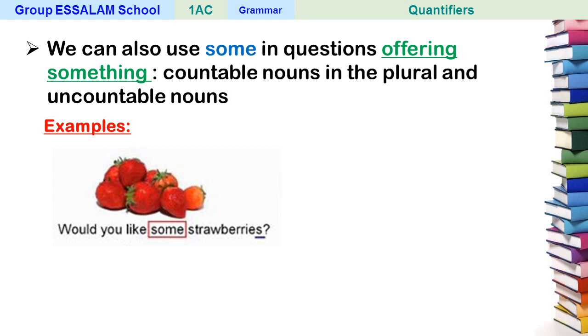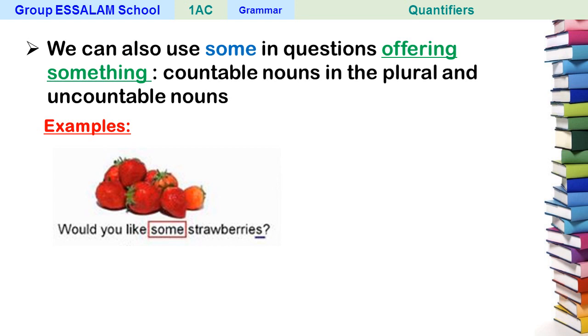Would you like some strawberries? Here they are offering you. Yes or no? Would you like? Do you want? This is the meaning of would you like. Do you want some strawberries? For example, if you are in a restaurant, then the waiter or the waitress comes to you and asks you, for example, would you like some orange juice?